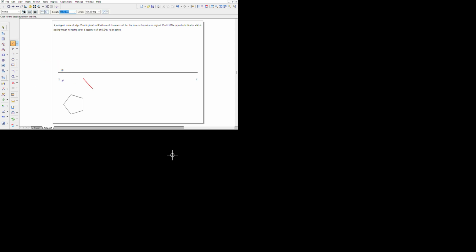So we have a pentagon complete over here. Let's select this pentagon and convert it into visible line. Let's name this pentagon as A, B, C, D and E. Let's take a normal line and project it upward.